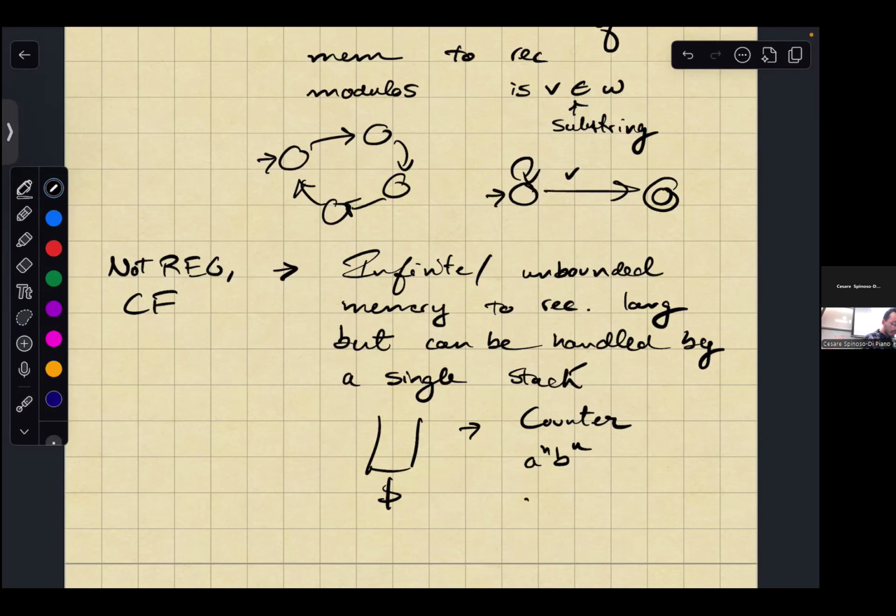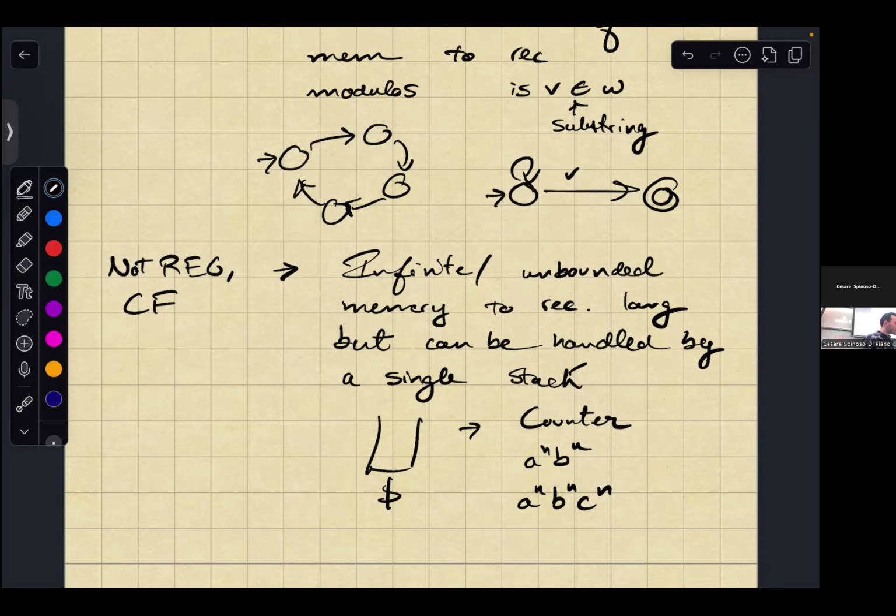That's why you can't recognize A^n B^n C^n with a stack, because you would really need two stacks, right? You need to first count the number of A's, check that it's the same as the number of B's, and then also count the number of B's and check that it's the same as the number of C's, right? So you need two stacks, which is not what you have. That's one thing that you can and cannot do with a stack.